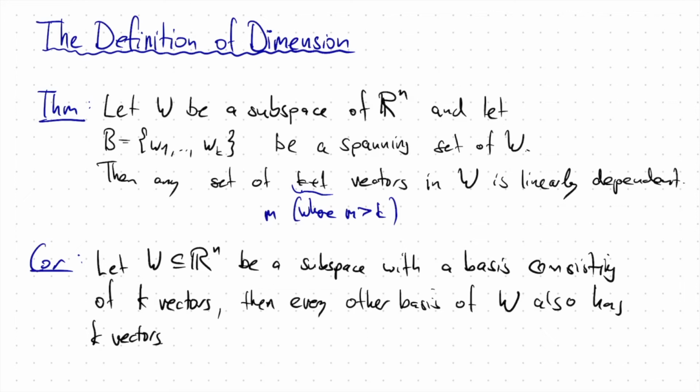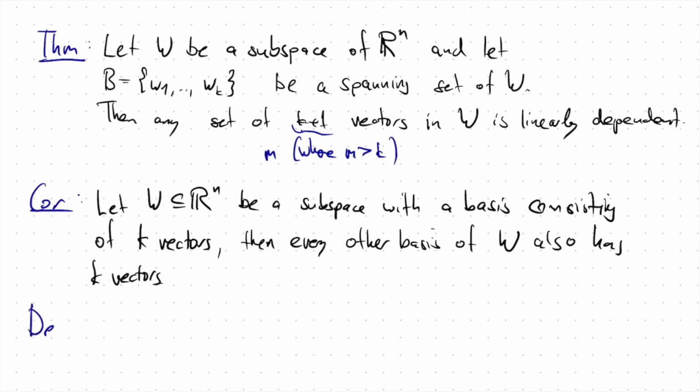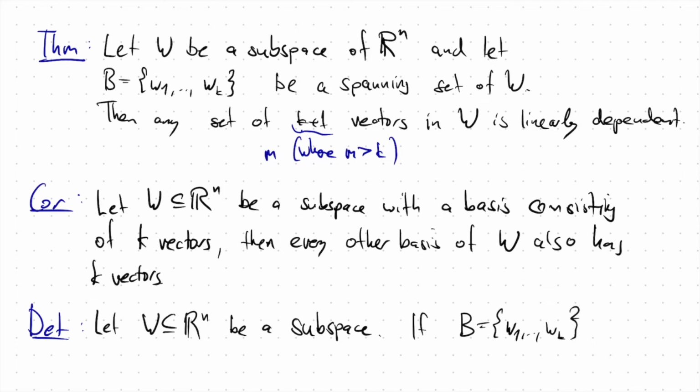So let's write this down as a definition. Let W in Rn be a subspace. If the set B, W1 to Wk, consisting of k vectors, is a basis of W, then we say that W has dimension k.